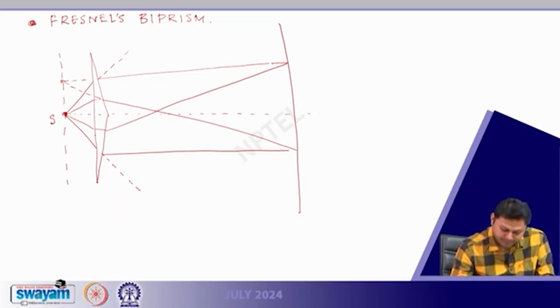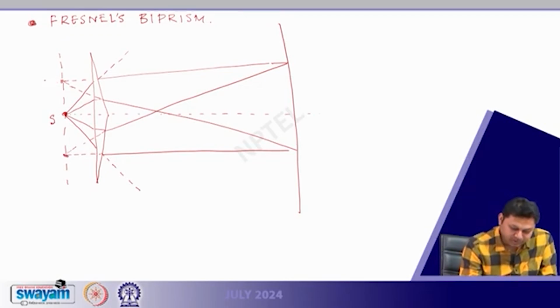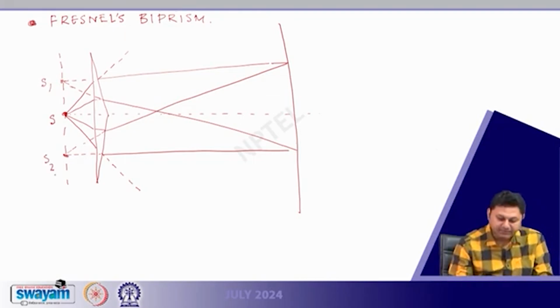And similarly at this point. So this is S1, which is a virtual source, and S2, which is a virtual source. Because of the light coming from S1 and S2, there will be an interference pattern one can observe.